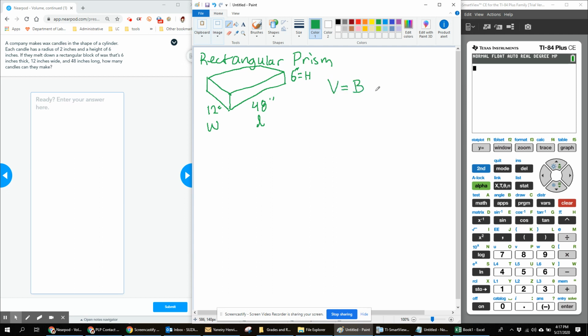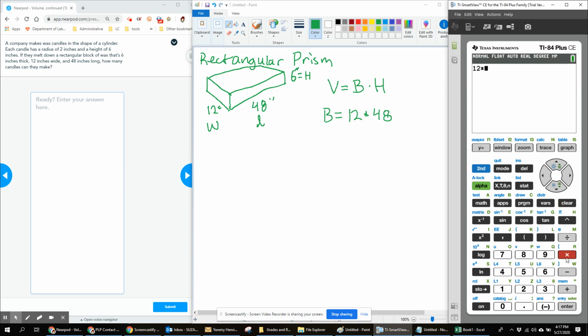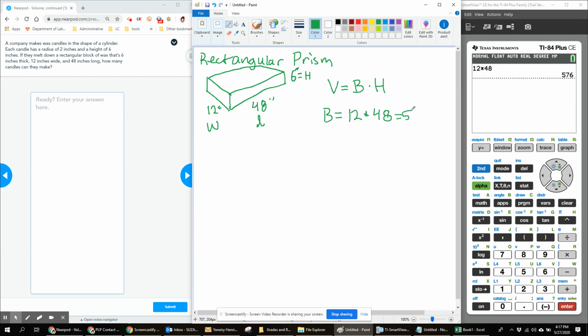Volume equals the area of the base times the height of the prism. So the area of the base is 12 times 48, length times width. Twelve times 48 is 576.